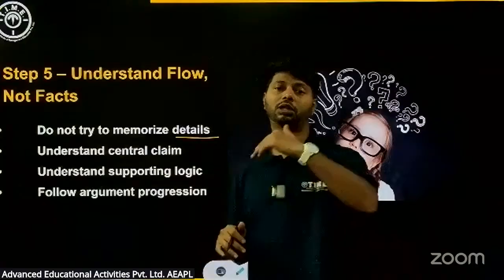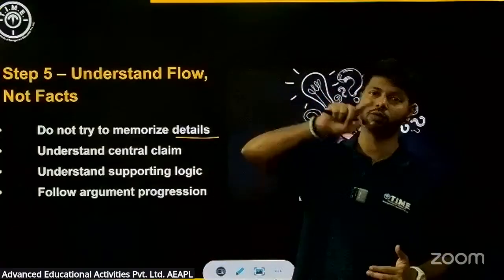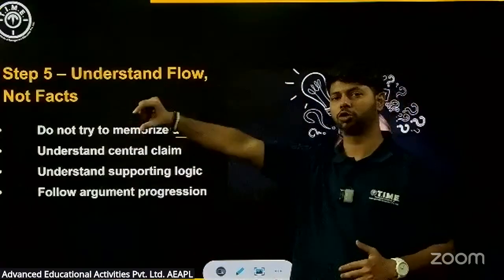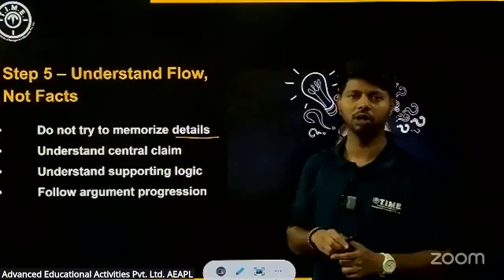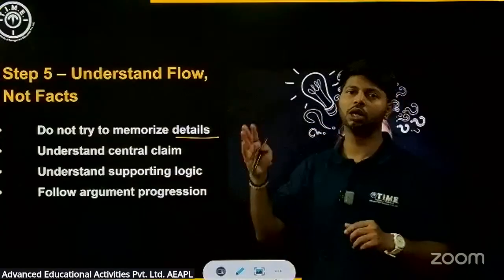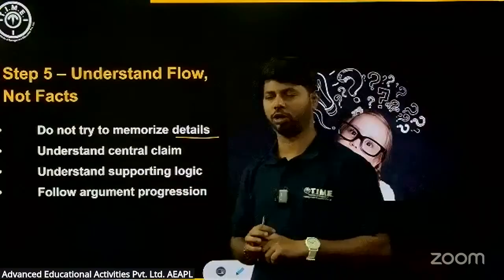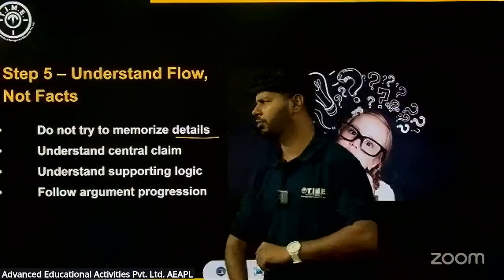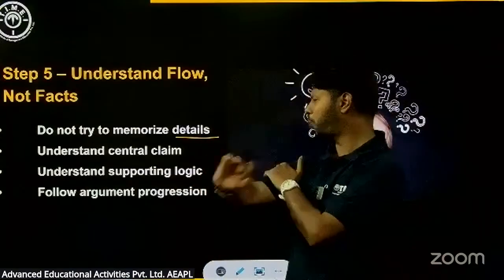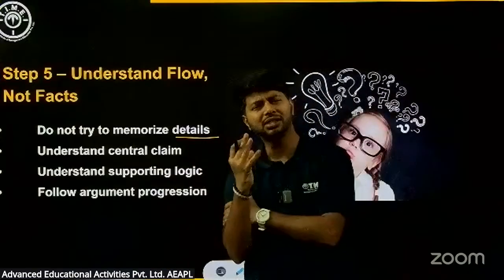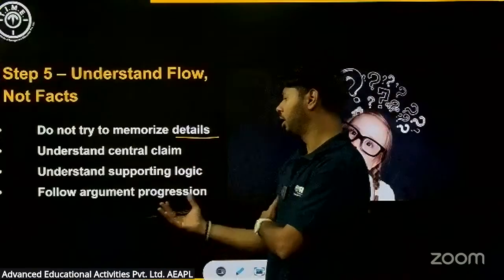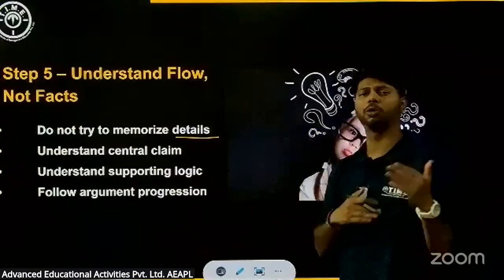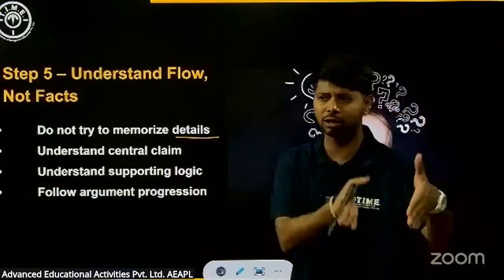If a certain detail is required, since you've been marking the passages and creating this exoskeleton, you know where to go and look. So you don't have to memorize it. Understand what the central point is, understand what the supporting logic for that is, and follow this kind of argument progression. This is where the point was made.